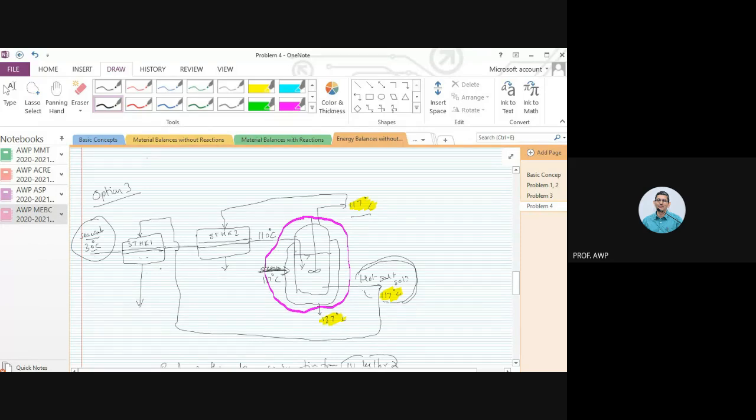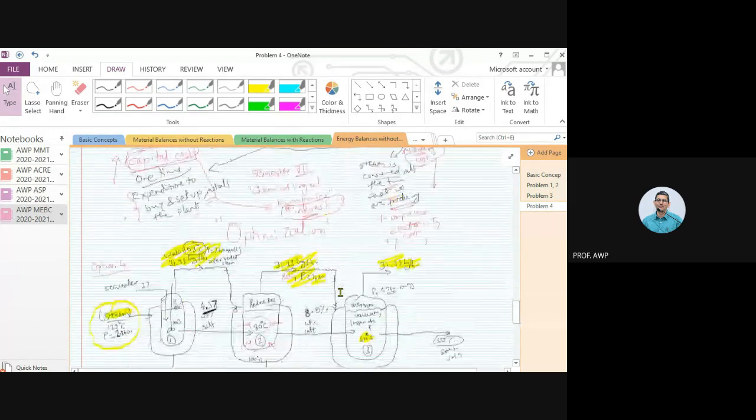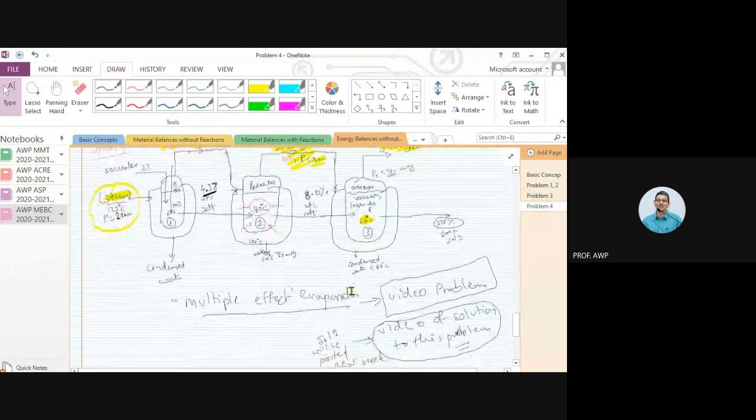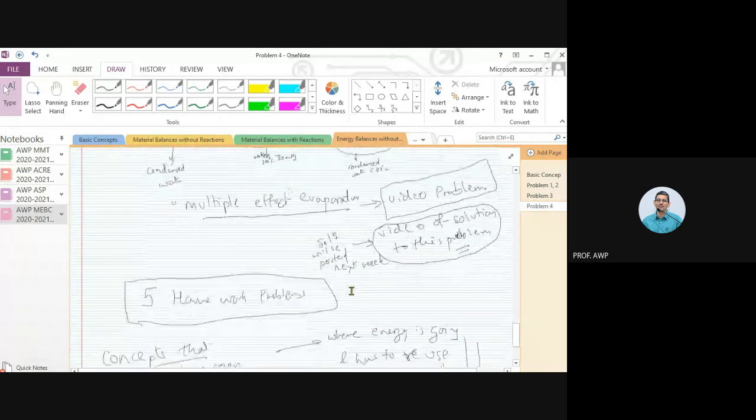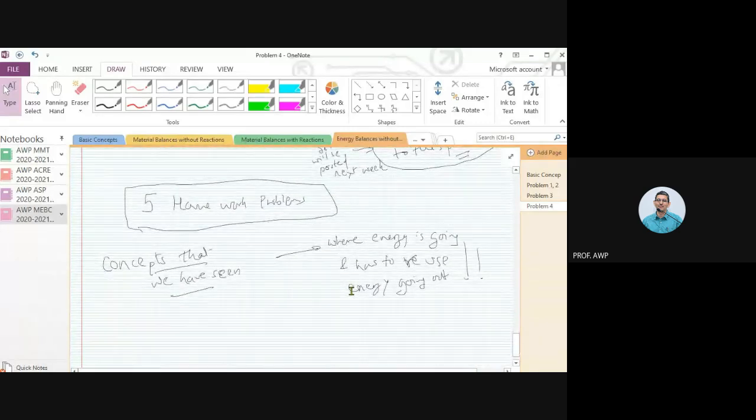I have cooled the hot solution to crystallize, and I have heated up the seawater to reduce the amount of steam required. Fourth option is to use multiple effect evaporator. So that's the concept that we have learned.